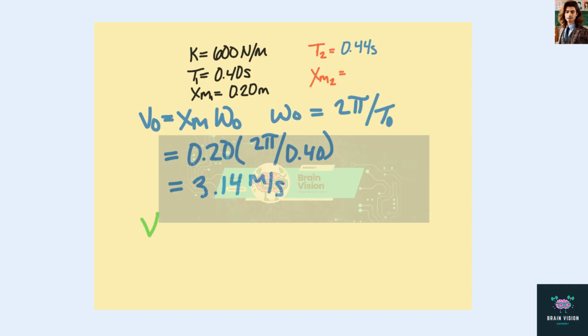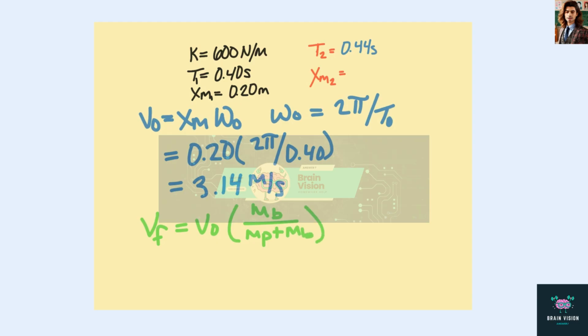And since there's conservation of momentum, we can find our velocity after the collision, after the putty is dropped on. So our V final is going to be our initial velocity times the mass of our block divided by the mass of the putty plus the mass of the block.